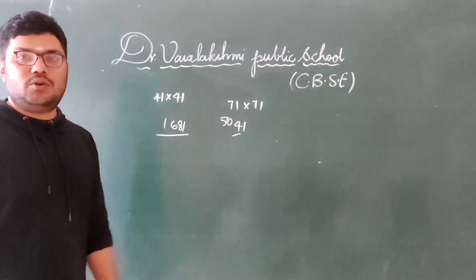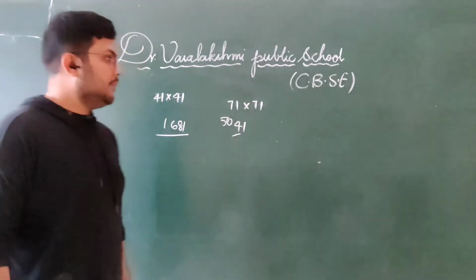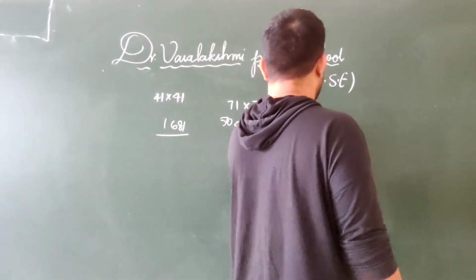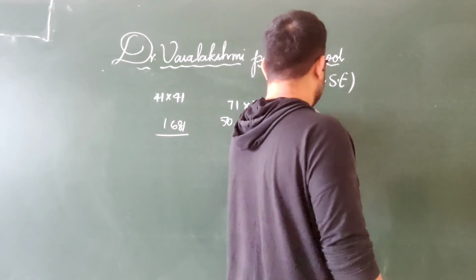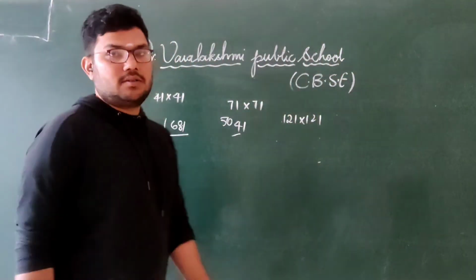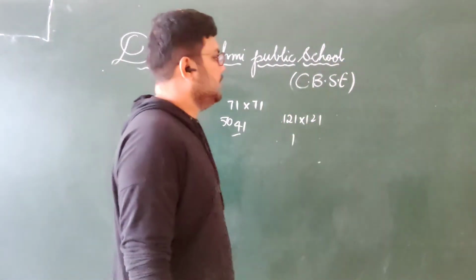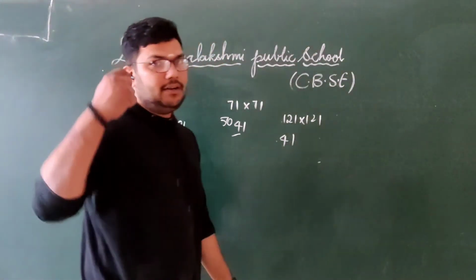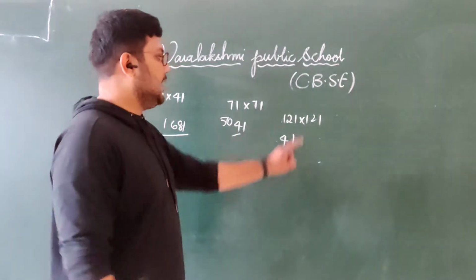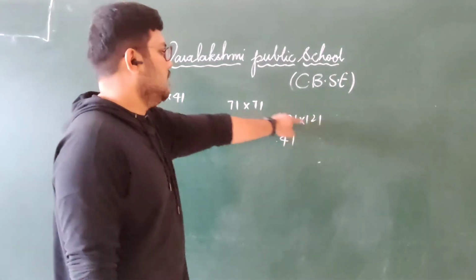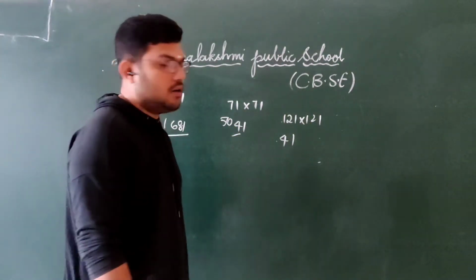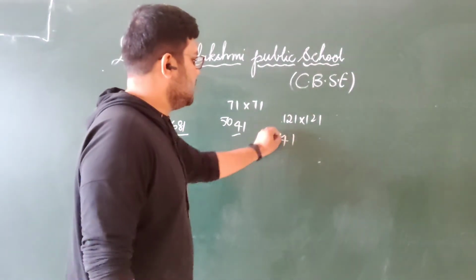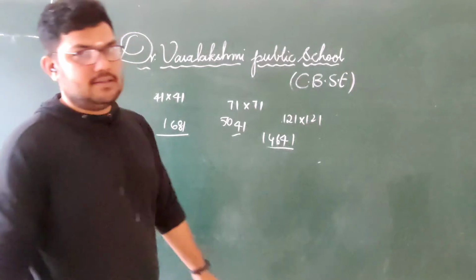One more example for your better understanding: 121 into 121. Okay. So 1 here, 12 plus 12 is 24. 4 here. Keep in mind 2 will be carried. 12 times 12, that is 144. 144 plus 2, that is 146. So this is your answer.